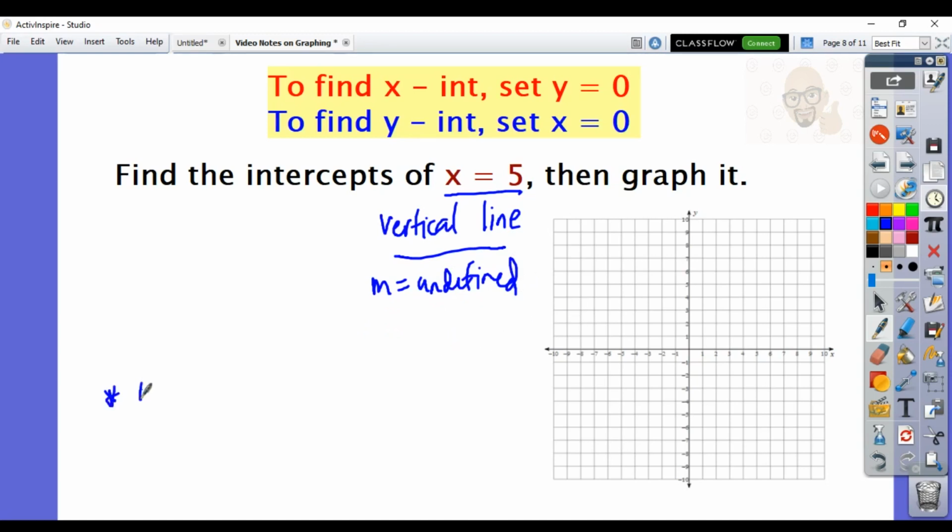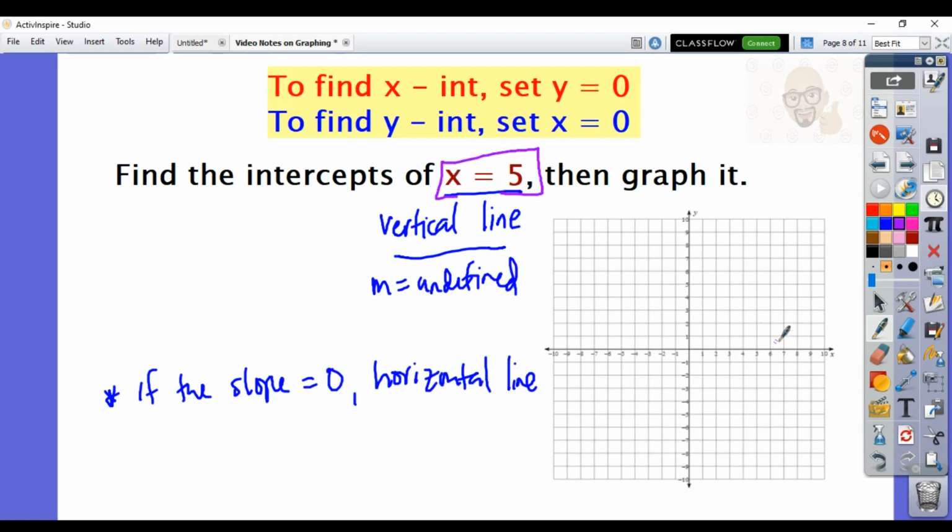Let me write here: if the slope is 0, it will be a horizontal line. So since our problem is x equals 5, go to the 5 and draw a vertical line.